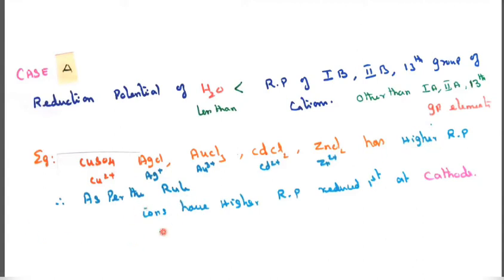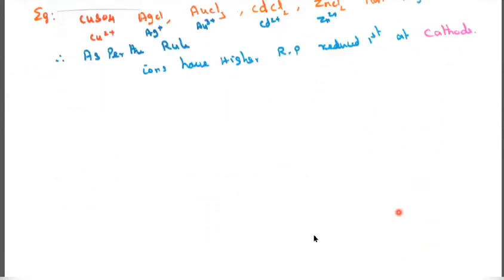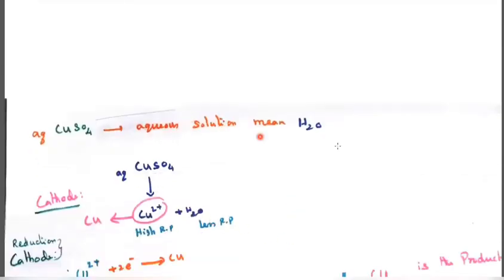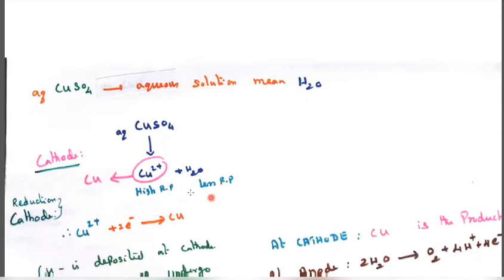As per the rule, the ions having the higher reduction potential are reduced at the cathode. So the copper sulfate aqueous solution gives Cu2+ and water. Cu2+ has a higher reduction potential than water.